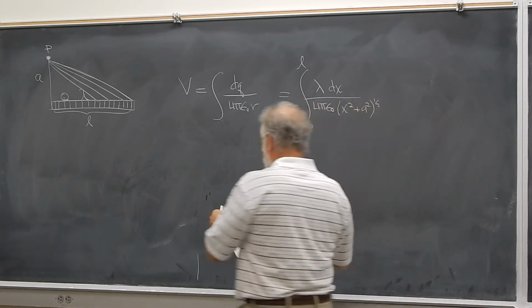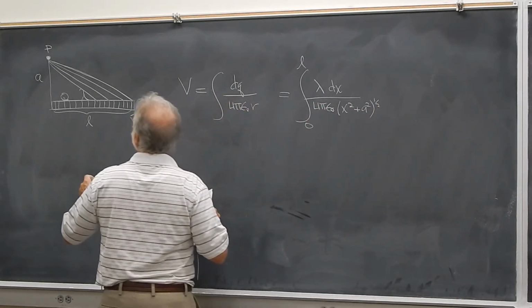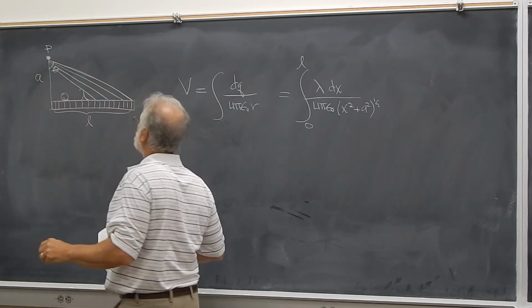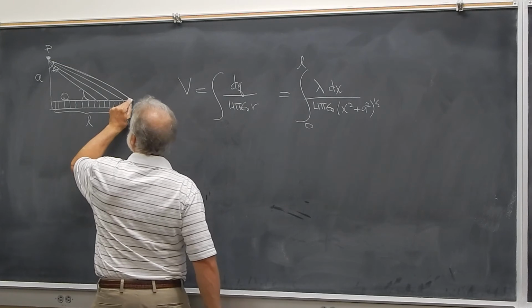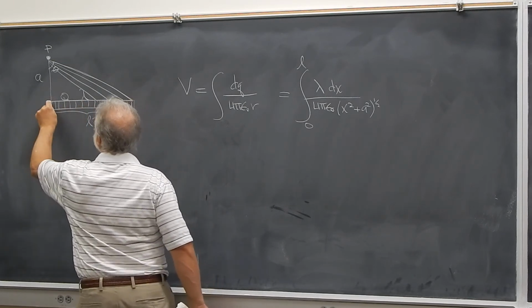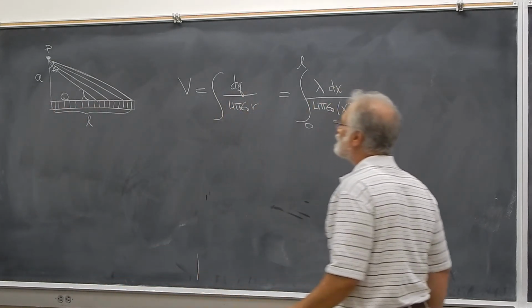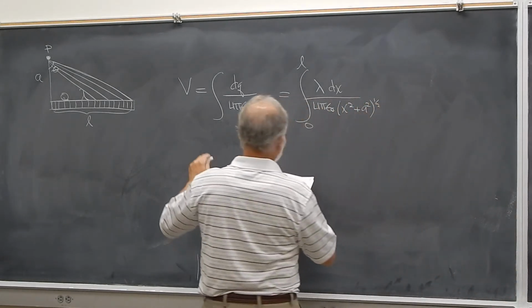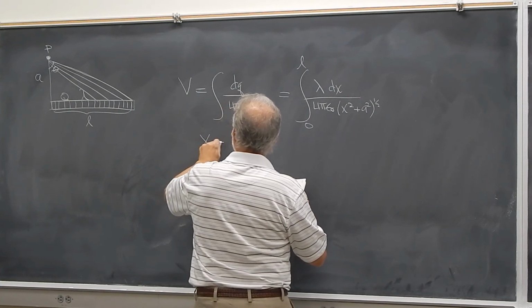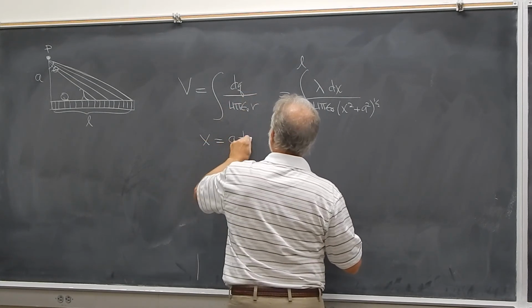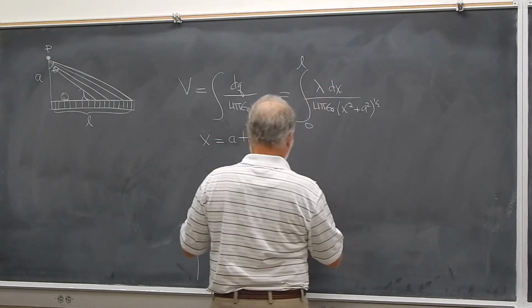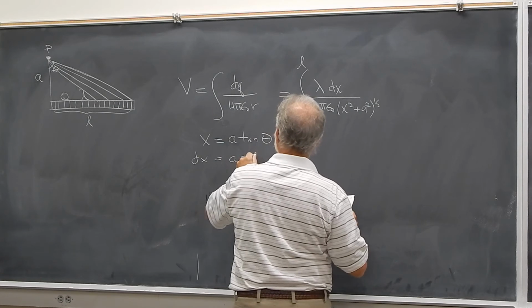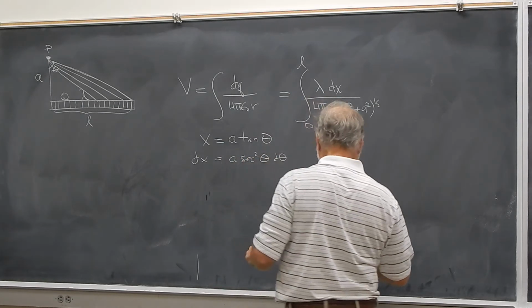What I would recommend doing is, the way to think about it is, let's use this angle theta, and let theta sweep from here to here so that we cover the whole rod. That being the case, let's let x equal a tan theta, and dx equal a secant squared theta d theta.